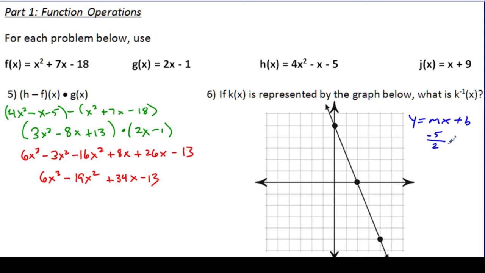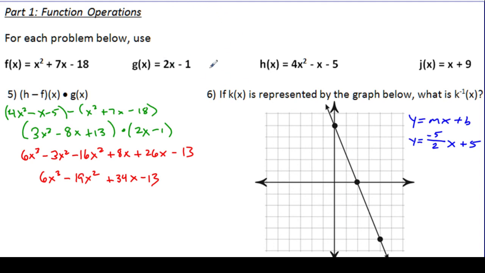So it's actually -5 halves x. And then my b value is where the graph crosses the y-axis. What is the y-intercept? In this case I can count 1, 2, 3, 4, 5. So I'm going to say +5. So the equation of this line is -5 halves x plus 5.